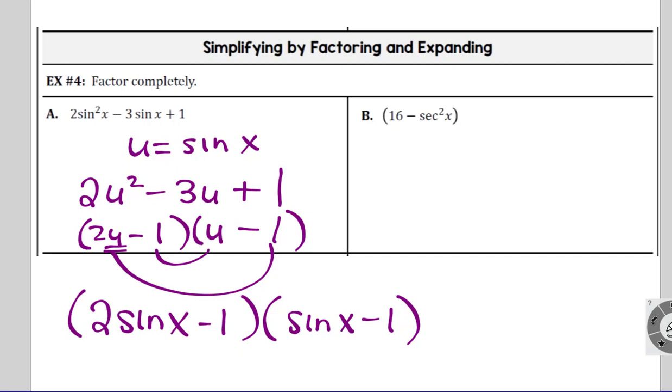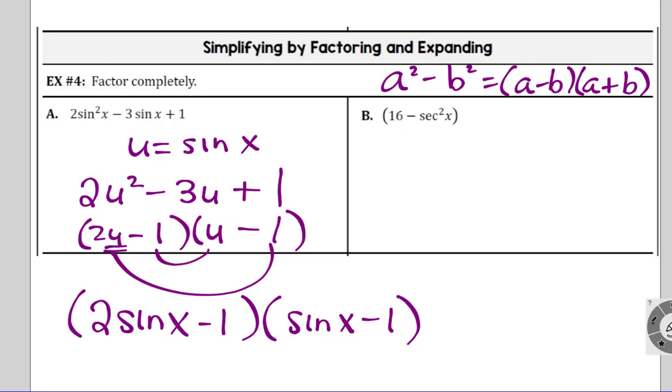All right, very good. Okay, well, what about B? Do we recognize anything from factoring? Are they both perfect squares? Okay, they're both perfect squares, and we're taking the difference of them, right? So we know if we have a squared minus b squared, that factors as a minus b times a plus b.